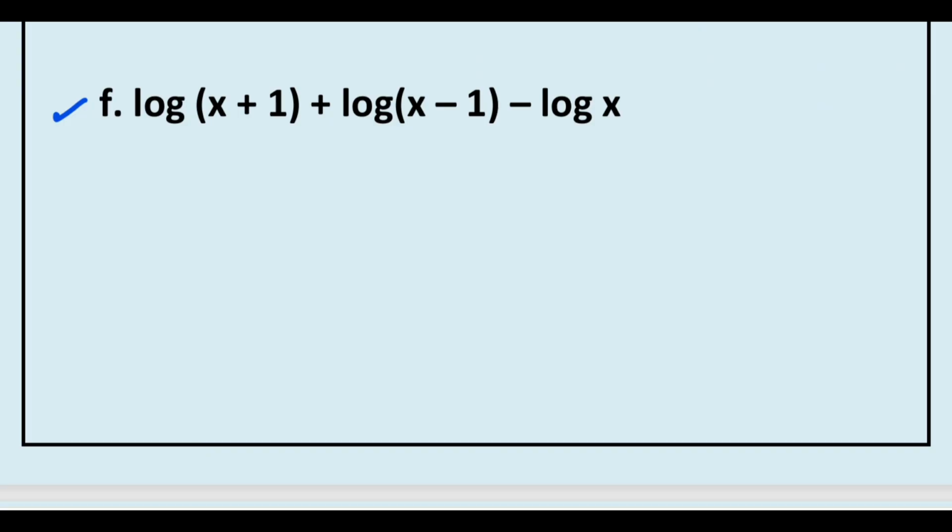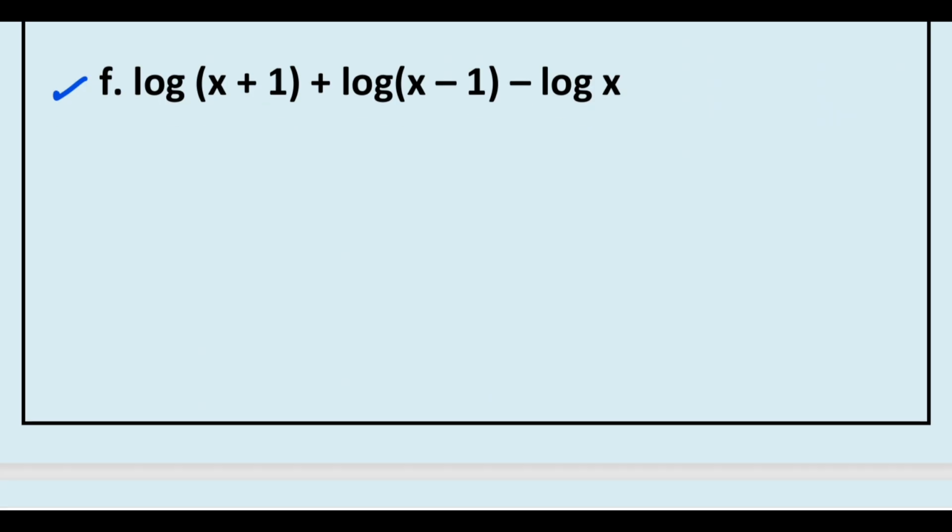So I wanted you to try this one. Log (x plus 1) plus log (x minus 1) minus log x. What will you get when you simplify this? The next one, log to base 2 of 8 plus log to base 2 of 4 minus log to base 2 of 2.